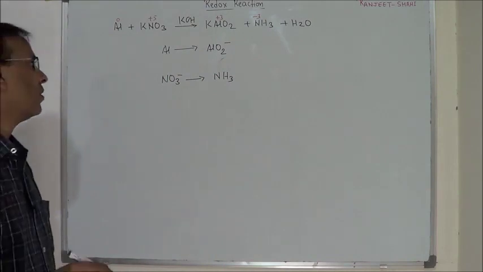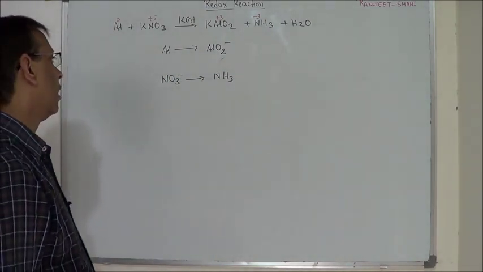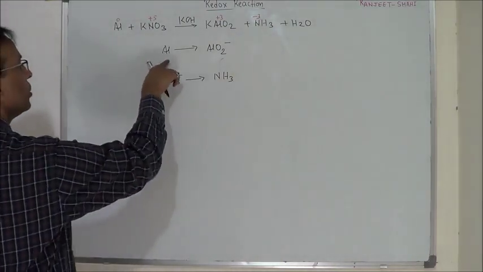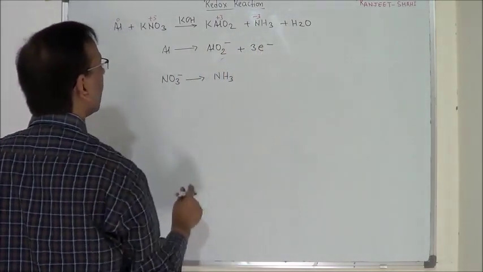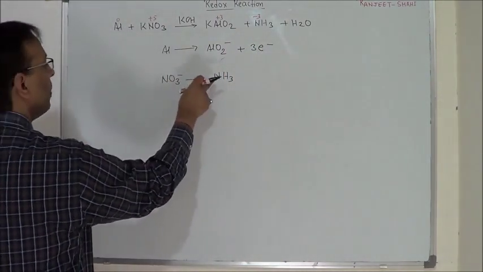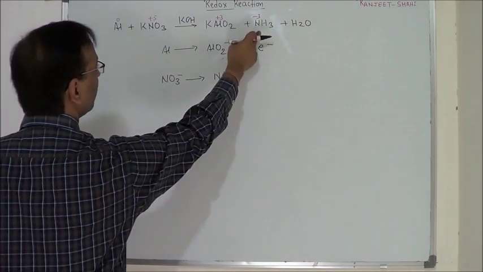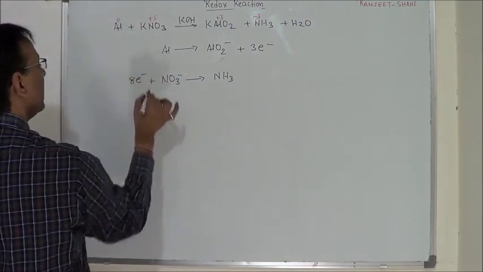Balance the element other than hydrogen and oxygen, already balanced. Balance the change in oxidation number: 0 to plus 3, so 3 electrons; plus 5 to minus 3, a difference of 8, so 8 electrons on the left side, the higher side.